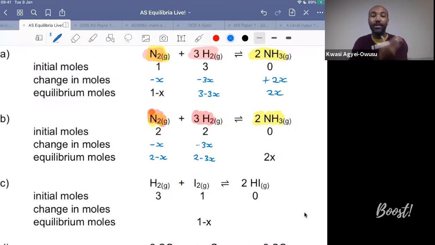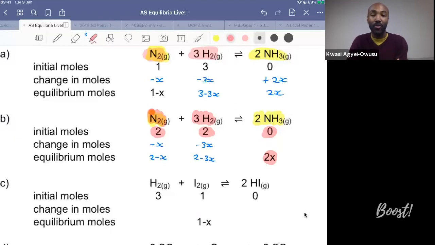Okay, so let's go through this again. We have 2 moles of nitrogen and 2 moles of hydrogen in our mixture at the start and no ammonia at all. Okay, so I'll highlight these for you. 2, 2, and 0. At equilibrium, we're told that 2x of ammonia has been formed. Okay, and so working backwards using the molar ratio of ammonia and nitrogen, we can deduce that if 1 mole of nitrogen forms 2 moles of ammonia, then you would need 1x of nitrogen to form the 2x of ammonia that we've got.